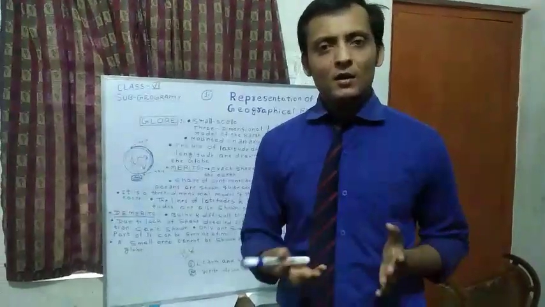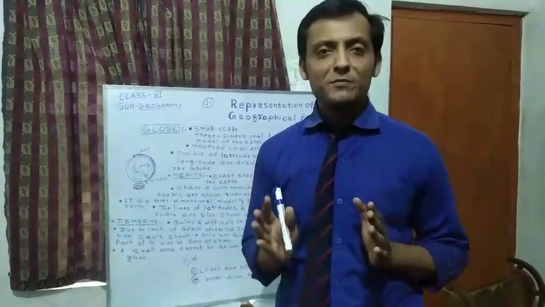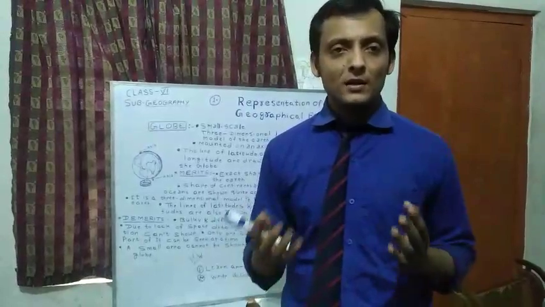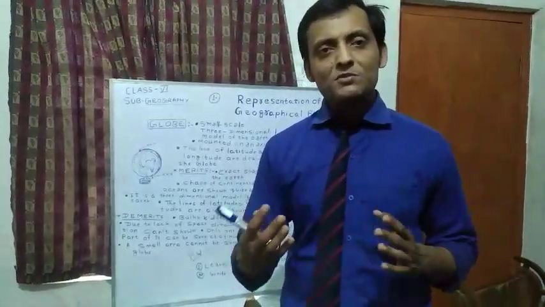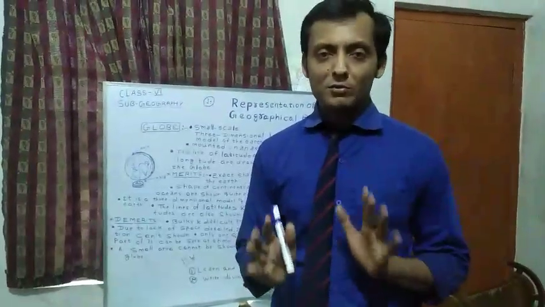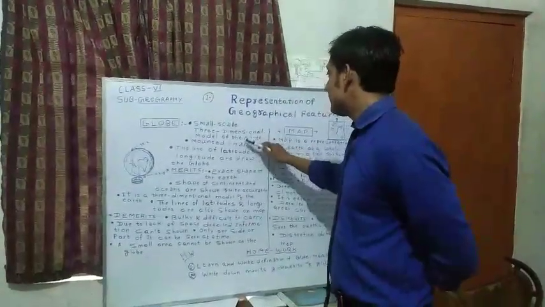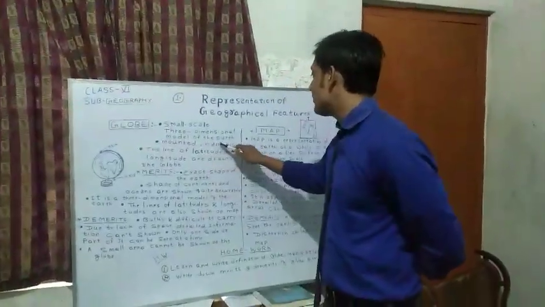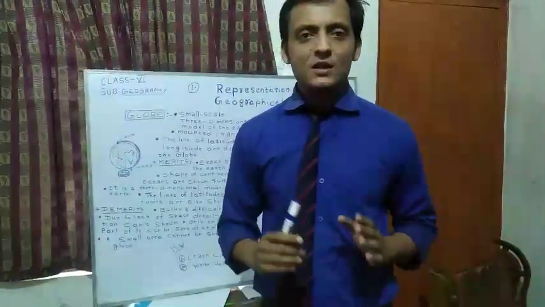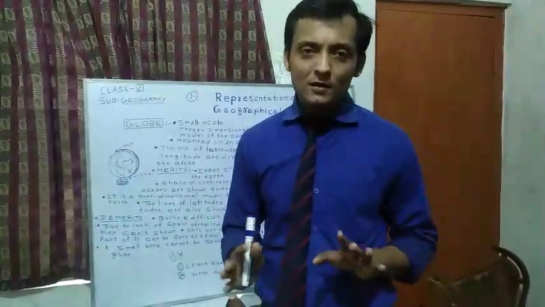You might have seen 3D movies in which the objects appear like real images. So objects which are three-dimensional appear as real images. The model of the Earth is three-dimensional and it is mounted on an axis. The latitudes and longitudes are also clearly shown on the globe.